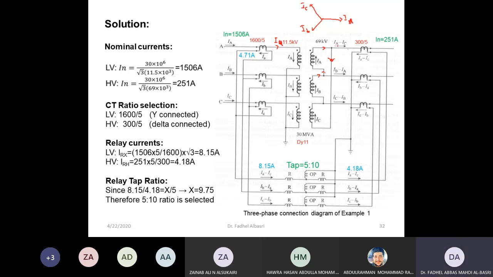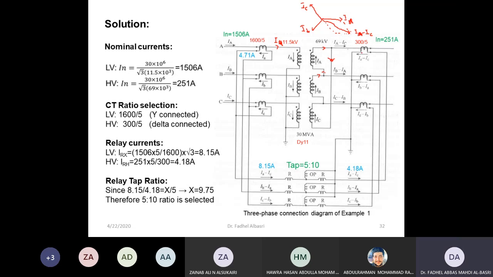Now, where is IA minus IC at HV? IA minus IC is somewhere here. So this is IA minus IC at the HV side.